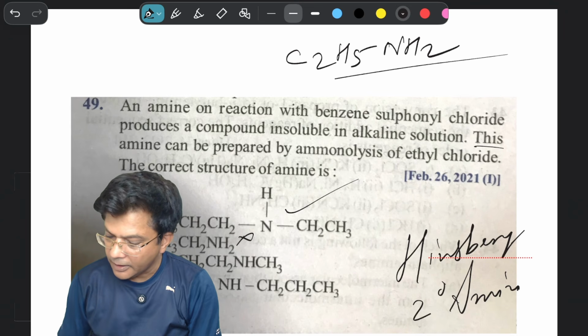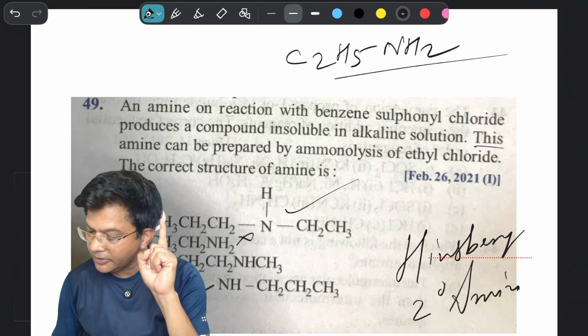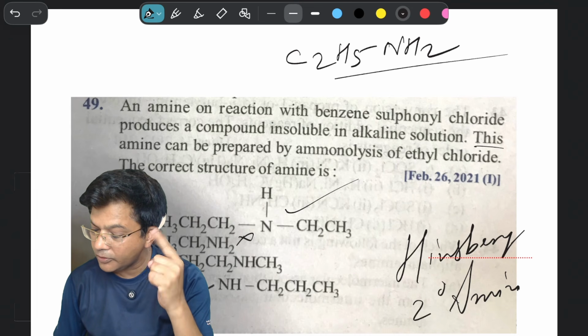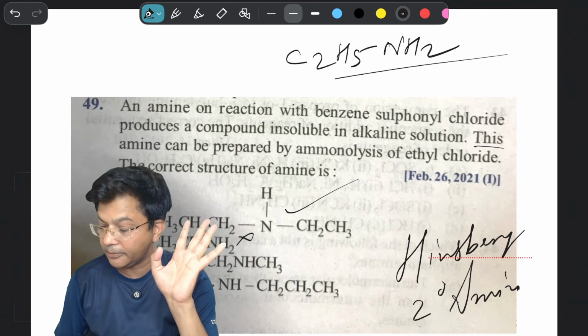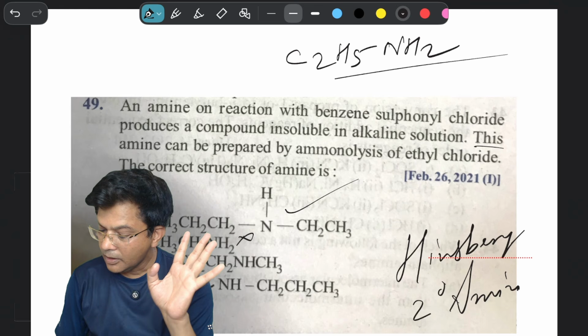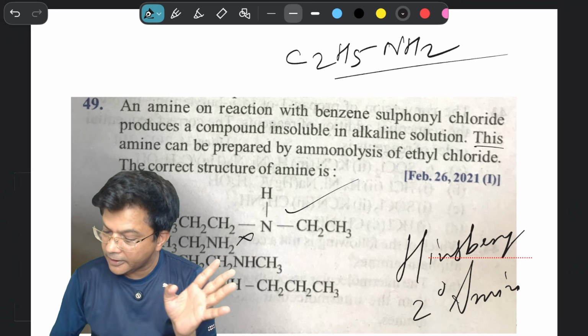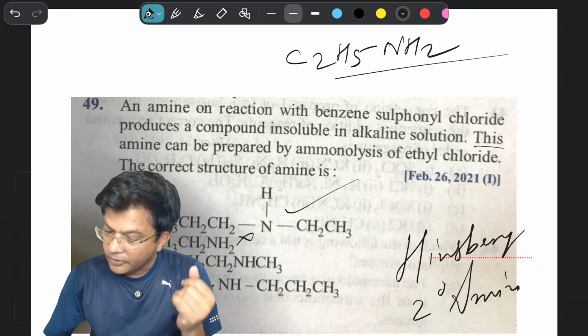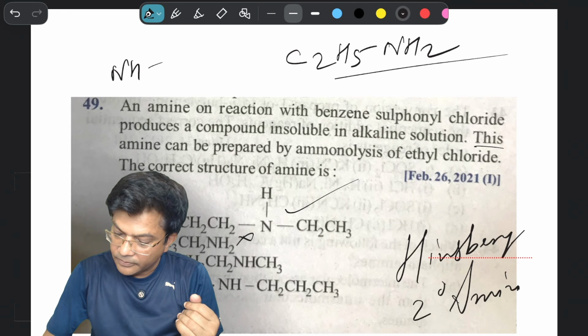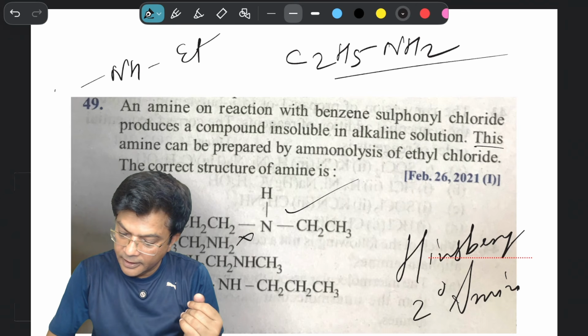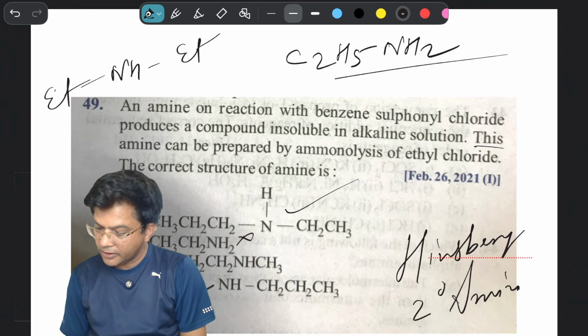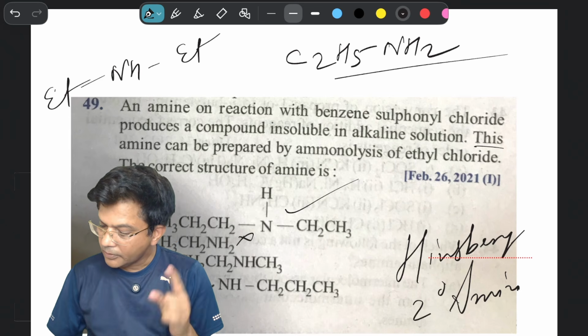An amine on reaction with benzene sulfonyl chloride produces a compound insoluble in alkali, so it is a 2 degree amine. And if I take ethyl chloride, then NH2 ethyl should be there. Once again, if I do, it can be NH with ethyl and ethyl, but no structure is getting matched.